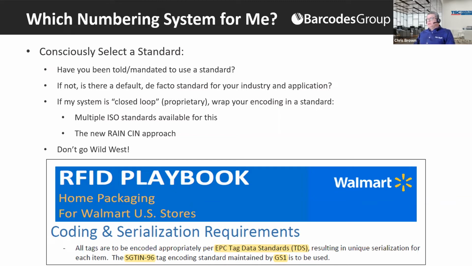I mentioned earlier the new RAIN CIN numbering system. That's exactly what this is designed for. And it's very easy to read the standards and to implement this. So this is really the ideal numbering system wrapper that you should use if you have a closed loop solution. I guess the final message there, I said it earlier, don't go Wild West. Follow a standard, or if you want to make your own standard, wrap it up in a standard wrapper. Next slide, please.